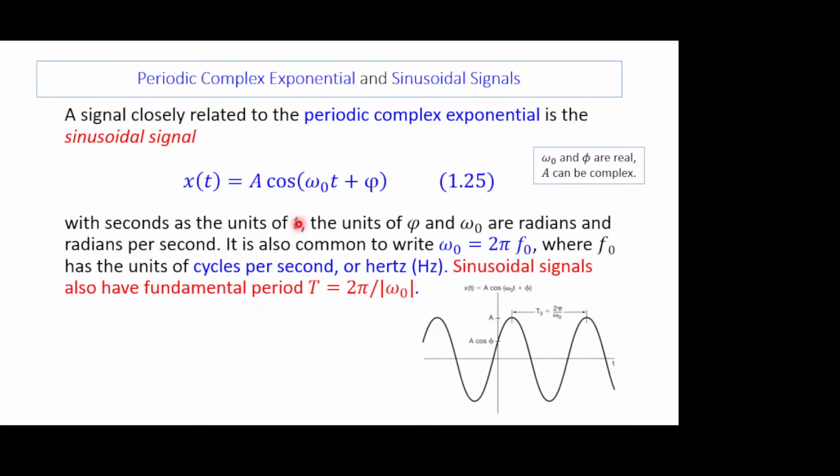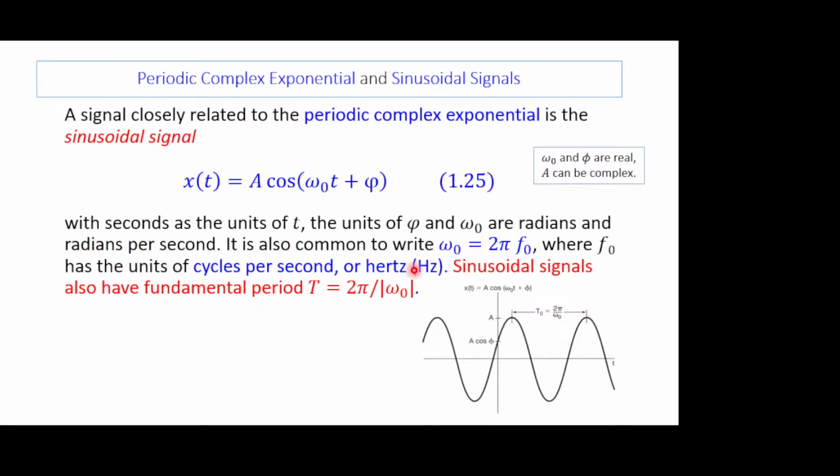Okay. And here we have some wording about the units of the things here. So usually we count our t as time, and it has unit of seconds. And this phi will have unit of angle, so the angle we usually count in radians, and omega naught will have unit radian divided by time, so radians per second.